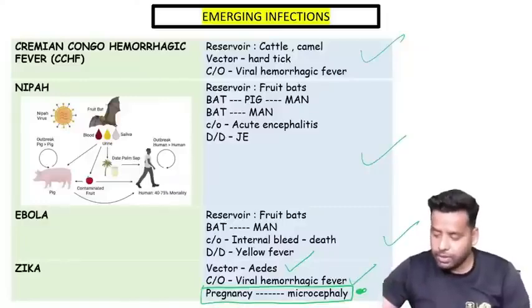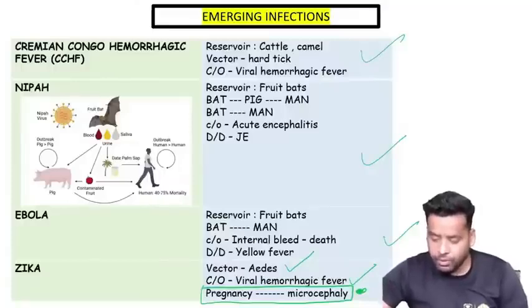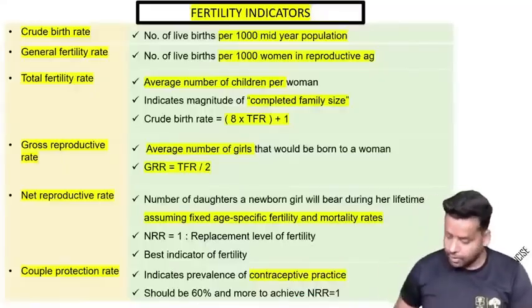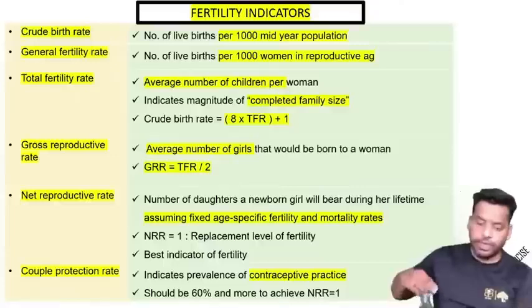If they mention this question, what is the answer? Zika hemorrhagic fever. Zika can lead to all these things. What is the vector for Zika? Aedes.